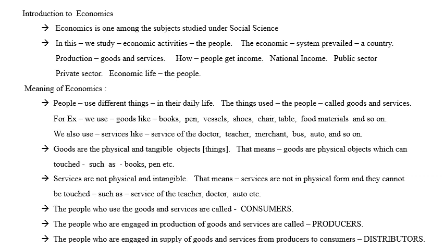It means that the people who are always engaged in the production of goods and services can be called producers, and the people who are engaged in the supply of such goods and services from producers to consumers are called distributors.